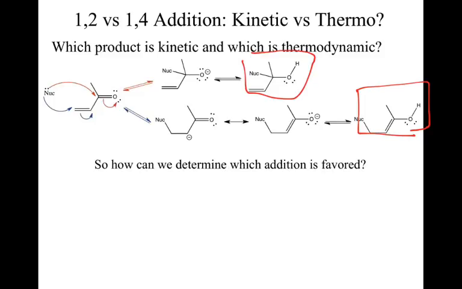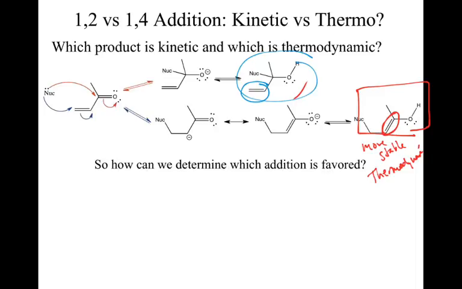Between those, hopefully you would say the most reactive thing still there is the pi bond, our nonpolar pi bond. In the red case, our pi bond is more substituted. More substituted means more stable. If we have a more stable product, that is our thermodynamic.